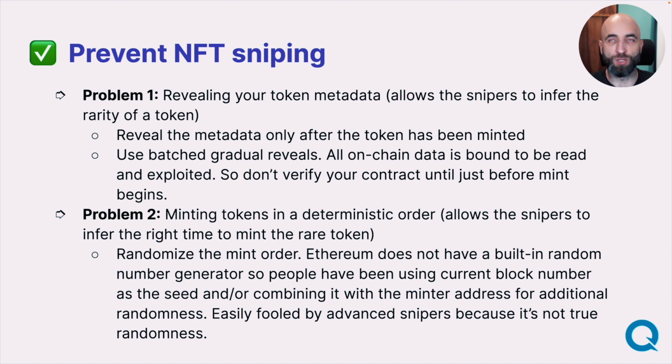The first one is that Ethereum does not have a built-in random number generator because everything is deterministic. You can use a few pseudo-random things like block difficulty or timestamp, but it's all visible in the smart contract what you're using, and it's relatively easy for the snipers to calculate that and for the number to not be truly random.